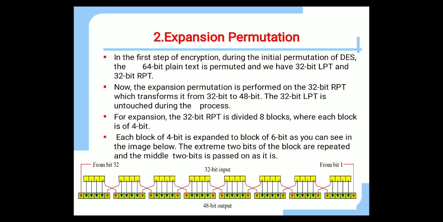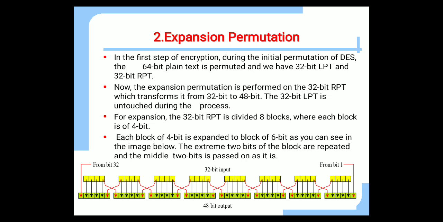In the first step of encryption, during the initial permutation of DES, the 64-bit plain text is permuted and we have a 32-bit LPT and 32-bit RPT. Now the expansion permutation is performed on the 32-bit RPT, which transforms it from 32 bit to 48 bit. The 32-bit LPT is untouched during the process.